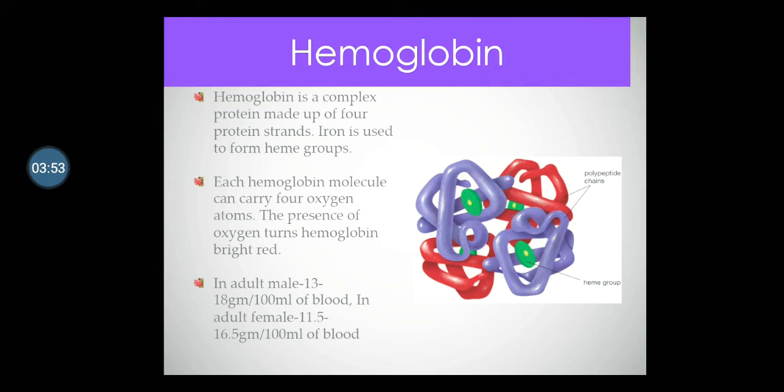The presence of oxygen turns hemoglobin bright red. In adult male, hemoglobin content is about 13 to 18 gram per 100 ml of blood. In adult female, 11.5 to 16.5 gram per 100 ml of blood.